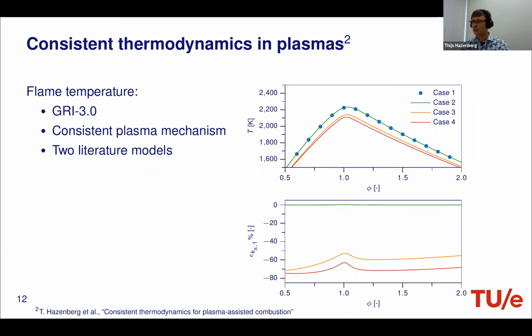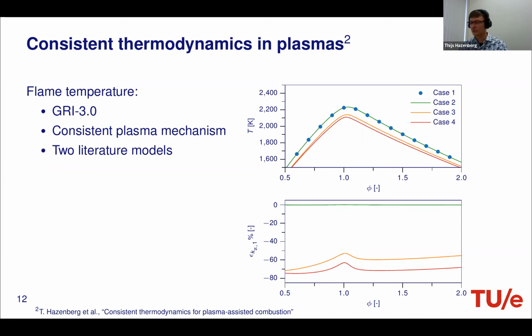Which means that now suddenly we have something to consider. If we want a plasma-assisted combustion mechanism to be consistent, we will need to be a little bit careful with the way that we do the thermodynamic modeling.